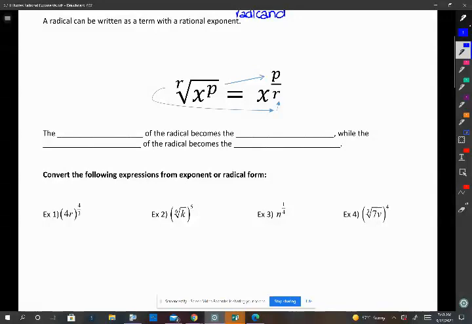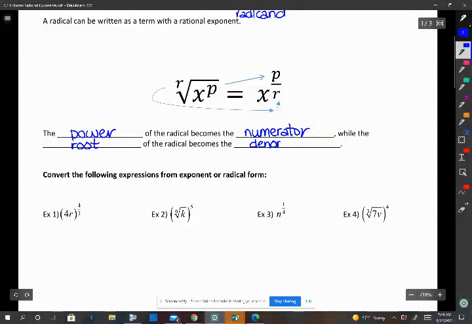As we look at the fill in the blank part, it says the blank of the radical becomes the what? We're going to start with our power. The power of the radical becomes the numerator of your fraction, while the root or the index of the radical becomes the denominator.